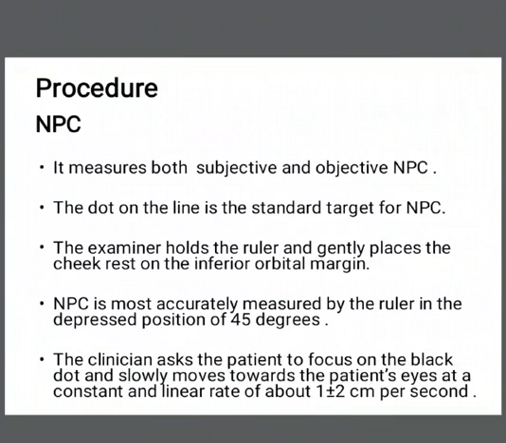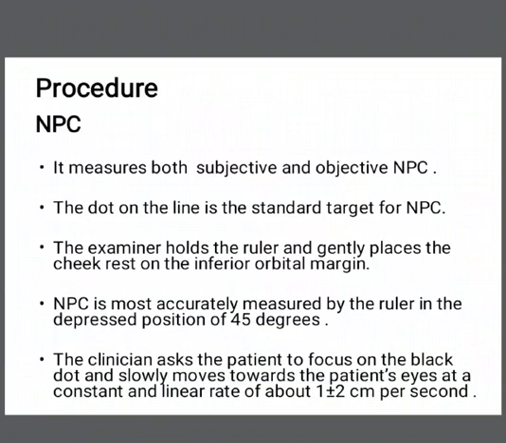Now the procedure. Near point of convergence. The RAF ruler measures both subjective and objective near point of convergence. The dot on the line is the standard target for measuring near point of convergence. The examiner holds the ruler and gently places the cheek rest on the inferior orbital margin of the patient.